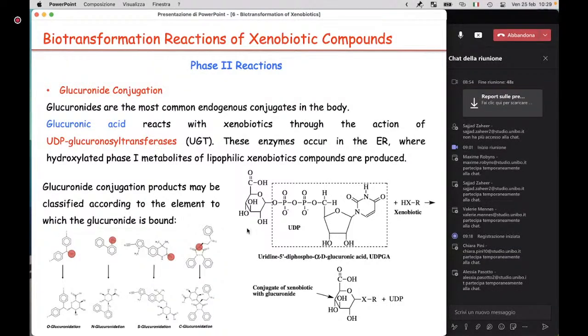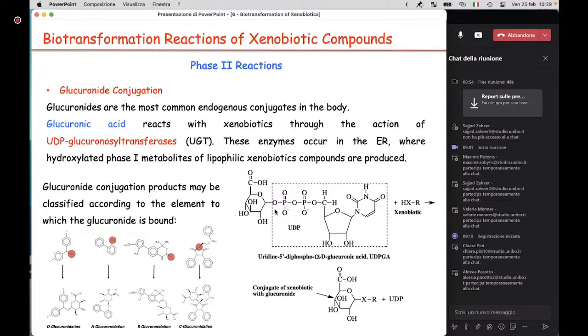And you may imagine that this is a very, very hydrophilic molecule. Glucose is extremely soluble in water, and glucuronic acid, which has a carboxylic group here instead of an alcoholic group, is equally or even probably a bit more soluble in water than glucose.